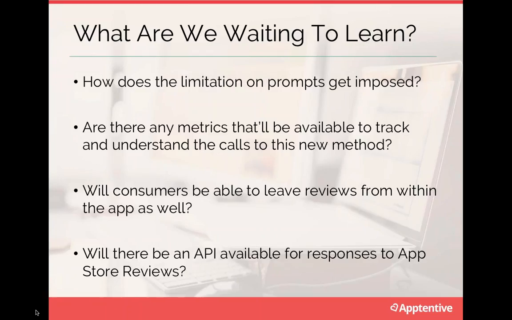And then the final thing that we're waiting to learn about is whether or not there will be an API so that publishers can programmatically respond to App Store reviews as opposed to going into the iTunes Connect console. Is there going to be an ability to do this programmatically? In which case, you will be able to connect to your App Store reviews and respond to them using Apptentive.